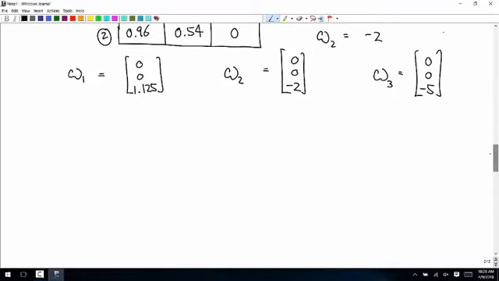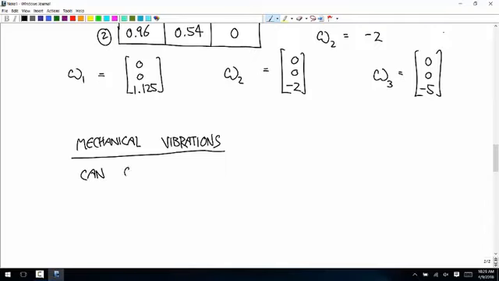So now we're going to talk about mechanical vibrations. And these can occur in any system where, I'm going to call it a restoring force.